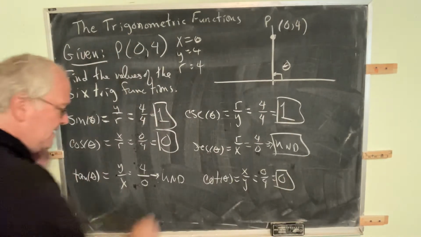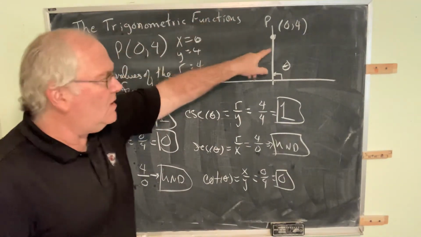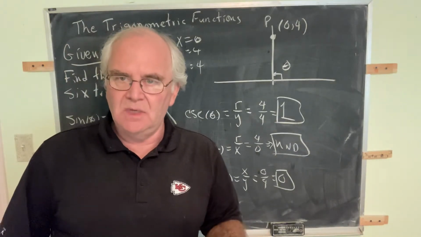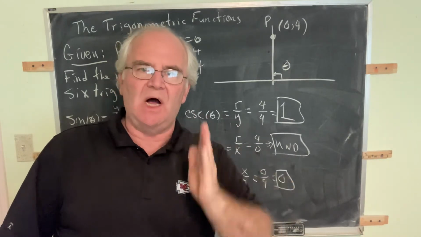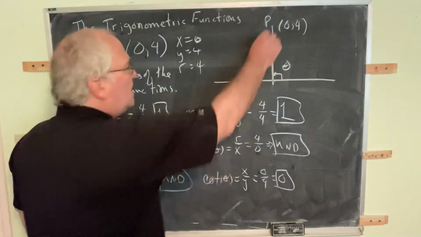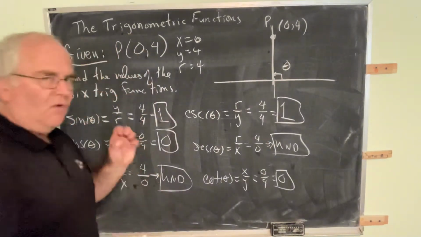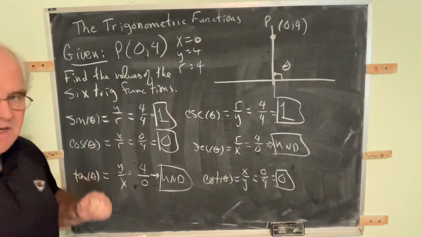And so what happens is this. Do you remember the word quadrantal? An angle is quadrantal if the terminal side lies on one of the axes. For quadrantal angles, some of these functions are going to be undefined.